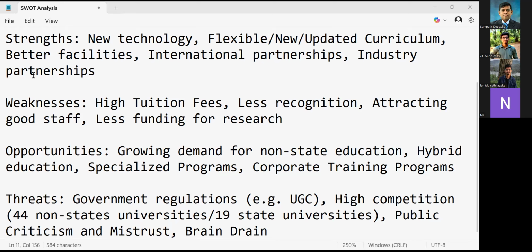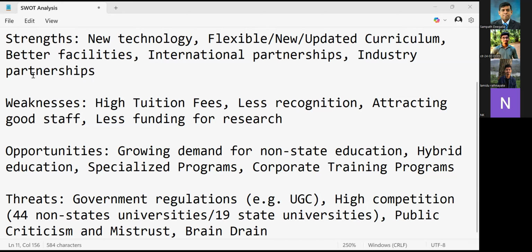Then there are threats as well: government regulations, especially places like UGC, will frequently look after how people actually deliver the programs. High competition, for example, in Sri Lanka, we have 44 non-state universities and 19 state universities, which is a huge competition for these universities.